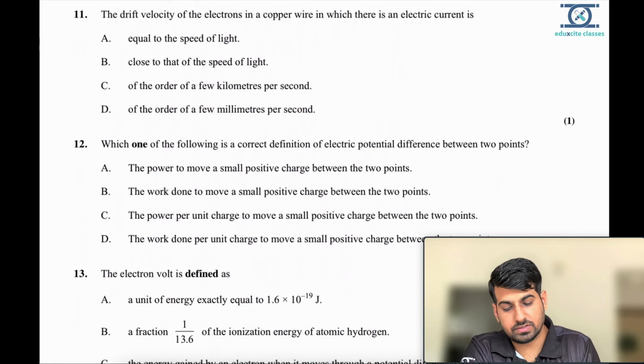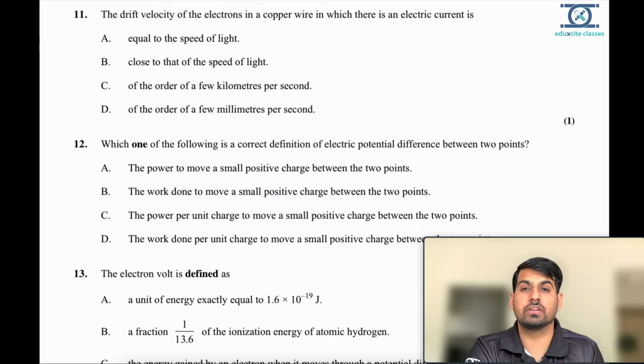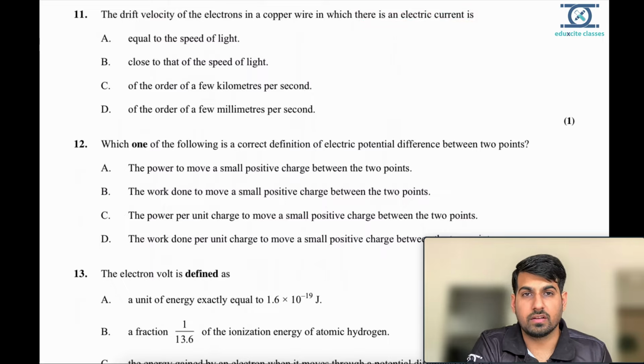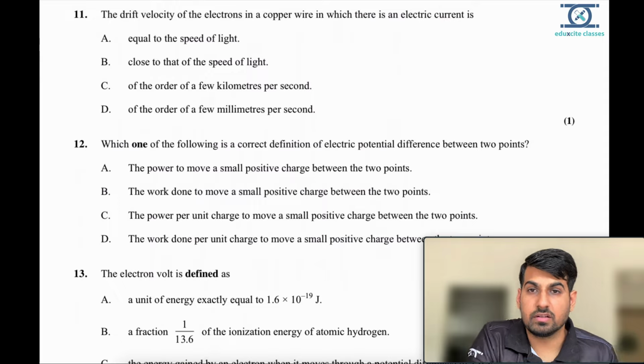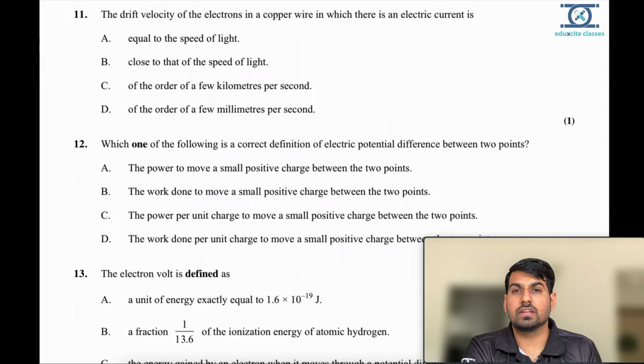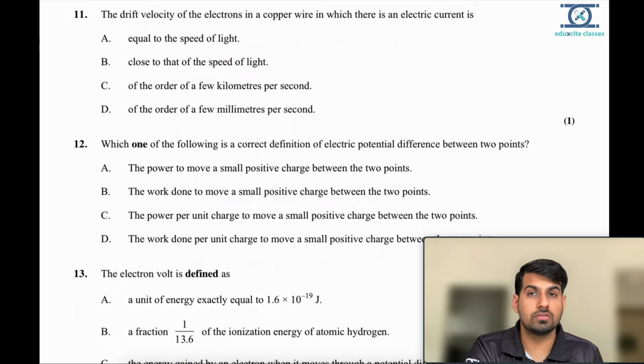Now the drift velocity of the electron in a copper wire in which there is an electric current is, now what is the drift velocity? That is nothing but the drift velocity of the electron in a copper wire in which there is an electric current is close to the speed of light, or of the order of.